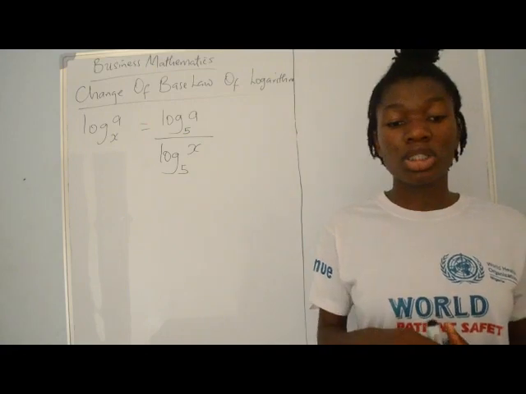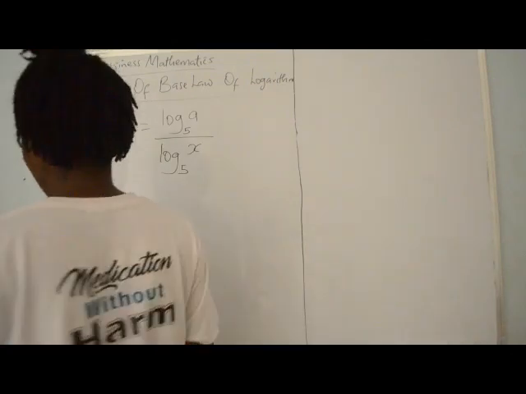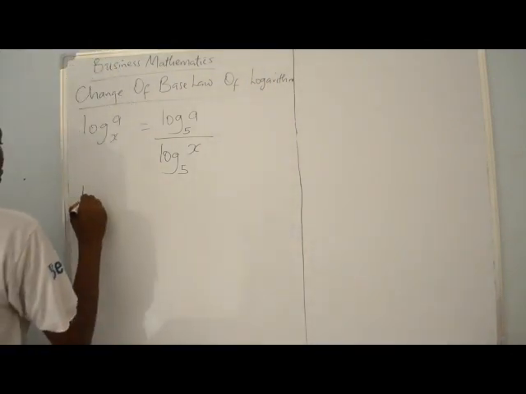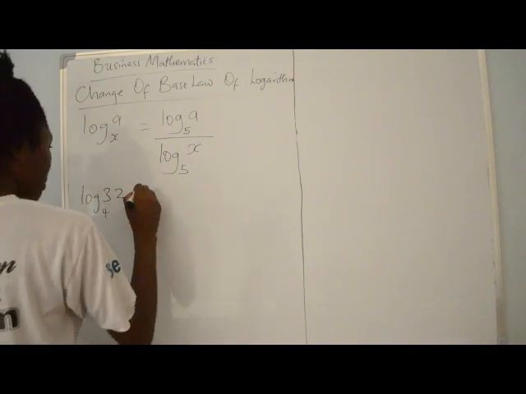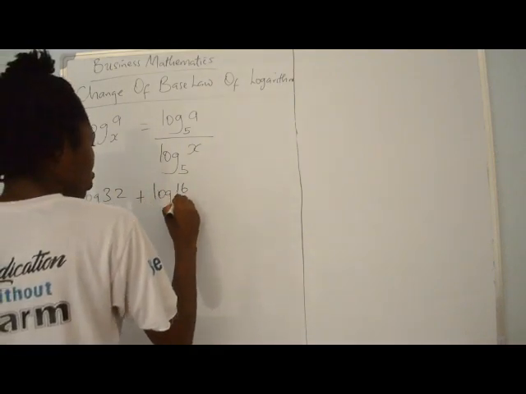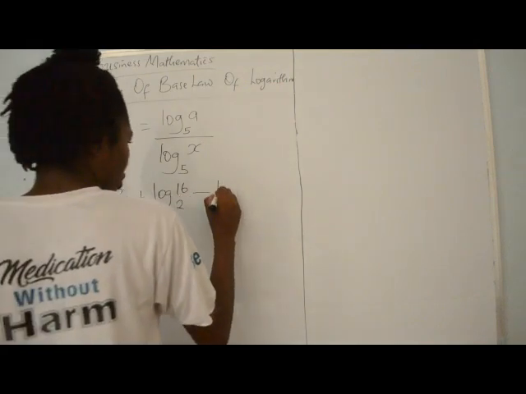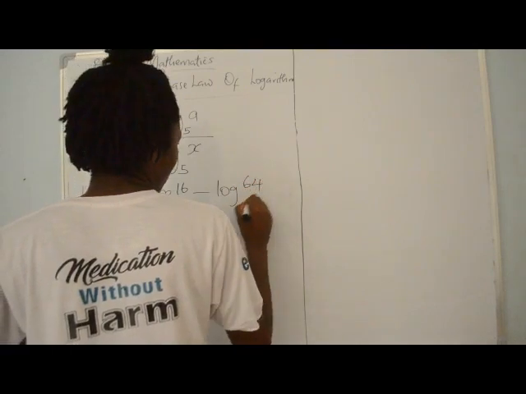So I'm going to take an example. We have given to us log 32 base 4 plus log 16 base 2 minus log 64 base 8.